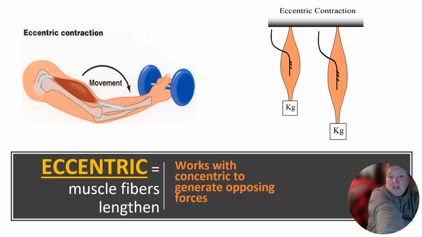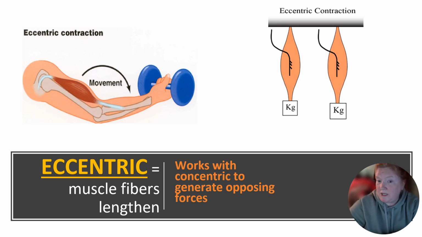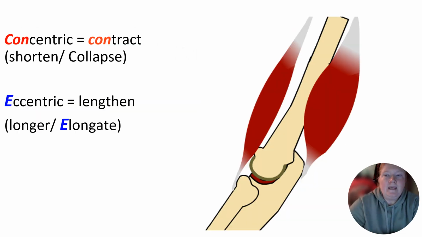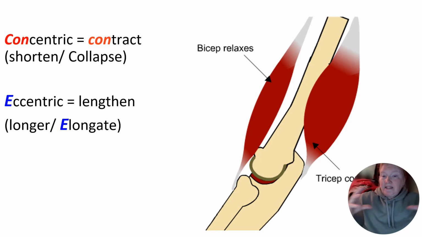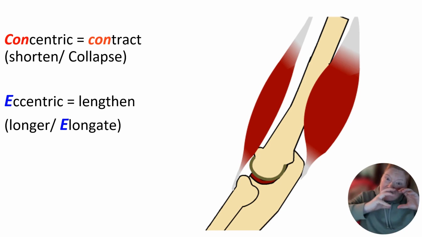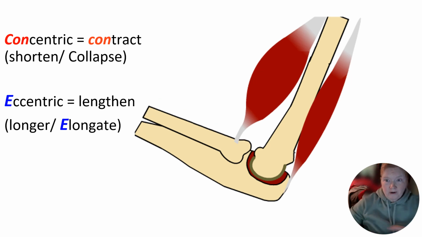My tricep is in concentric, my bicep is in eccentric. So they work together to generate those opposing forces. I remember it like this. Concentric, contract. It takes up less space, it shortens. Eccentric, it elongates, it lengthens, it gets longer.